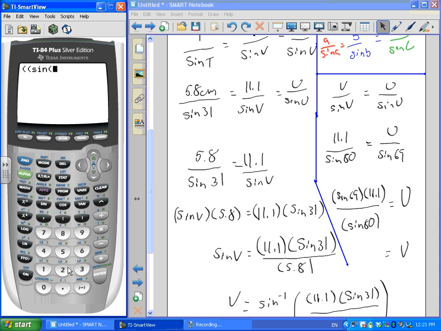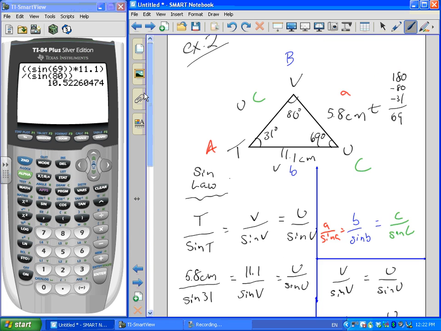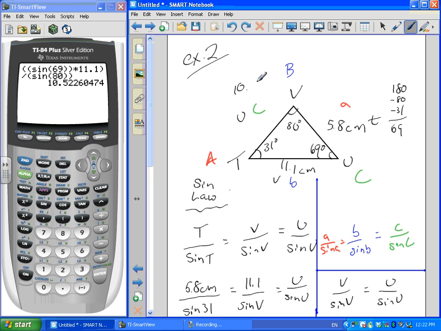Bracket, sine 69, end bracket, times 11.1, end bracket, divided by bracket, sine 80 this time. 80, right? Bracket. Done. 10.5. So after all that work, side V is 10.5 centimeters long. Okay?